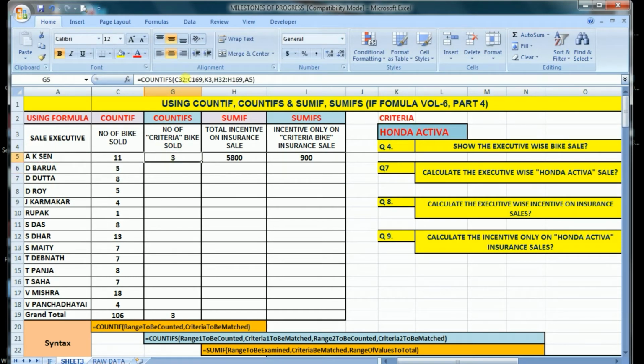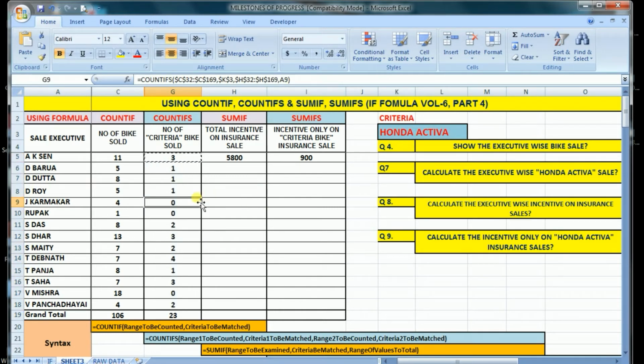After that we have to fix the data for the correct calculation. We have this one and this, and we need not fix the A5 cell. Okay, then copy and paste.